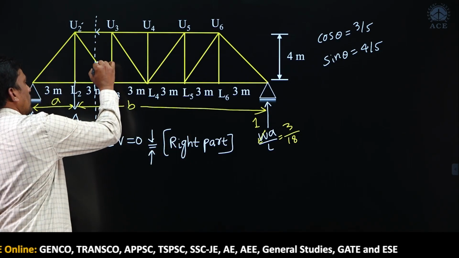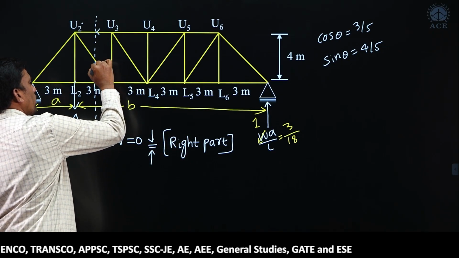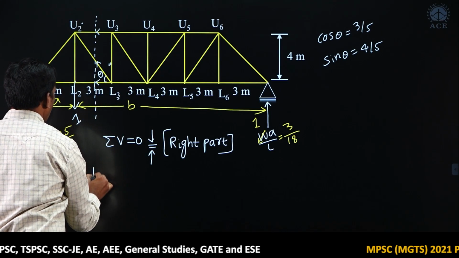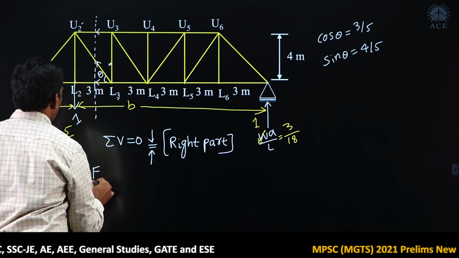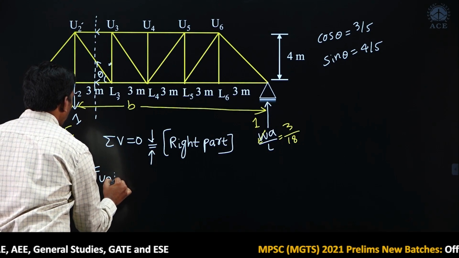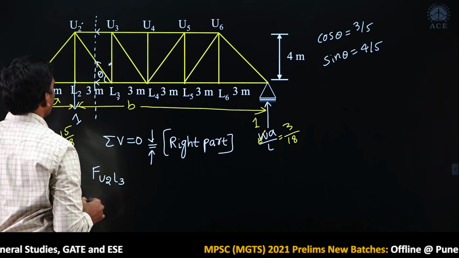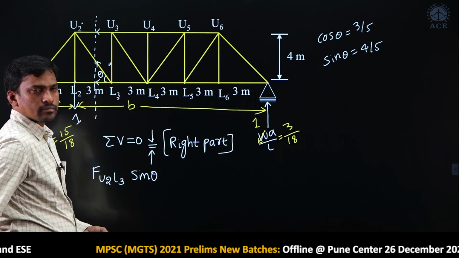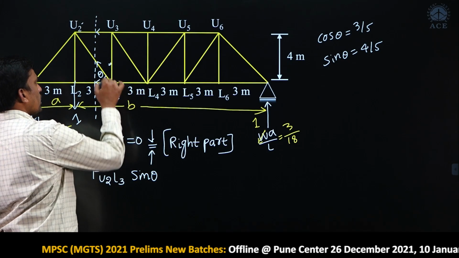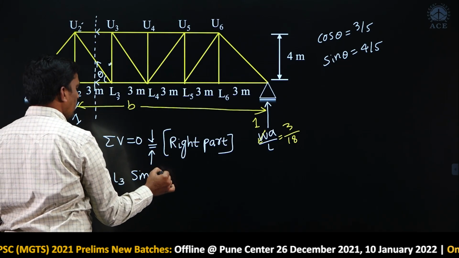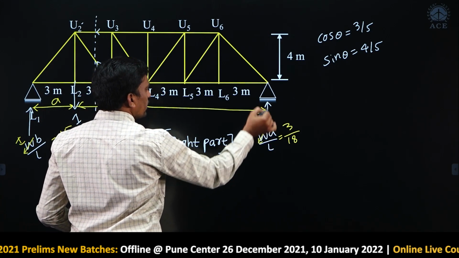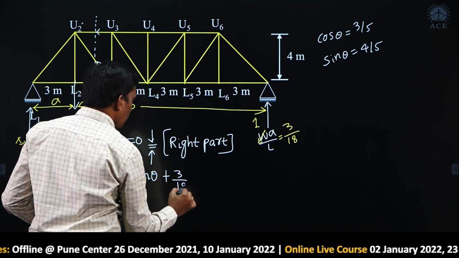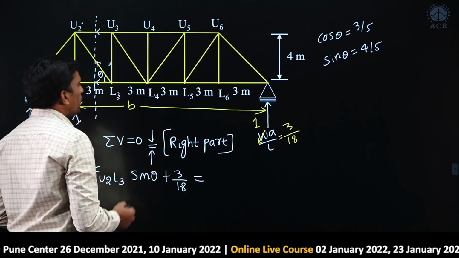Is this vertical component upward or downward? The vertical component of the force in member U2 L3 is upward, it is F sin theta. In the right part of the structure only one upward force is there and this is also upward: F U2L3 sin theta plus 3 by 18 equals the downward forces.